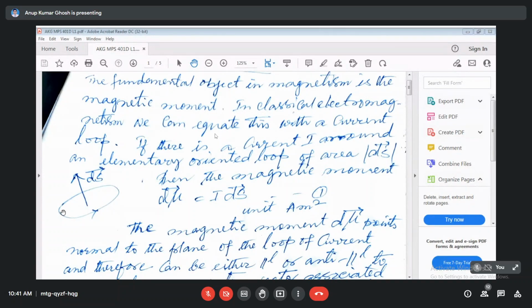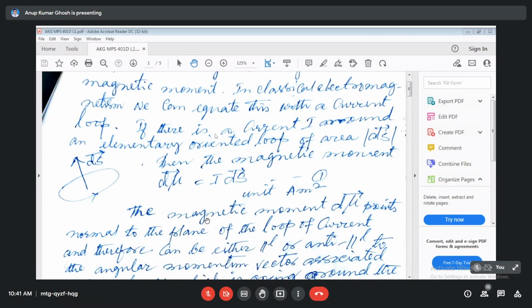This is ds, the area, and d mu equals I into ds. So this is not ds but d mu. The direction of ds and d mu will be the same as I is a scalar.